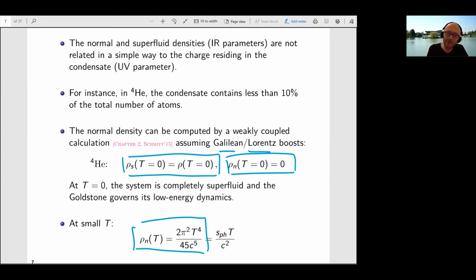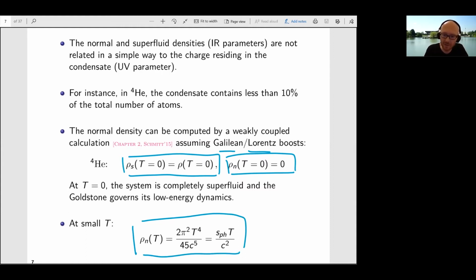And moreover, you can also compute the entropy density due to the Goldstone mode. And then this would allow you to find a very simple relation between the normal density, the entropy density, the temperature, and the velocity. So at the end of the day, you get this very simple relation that rho n is S times T over C squared.